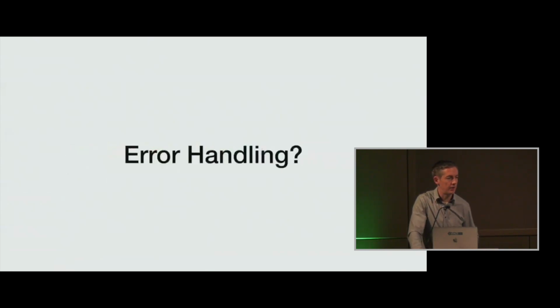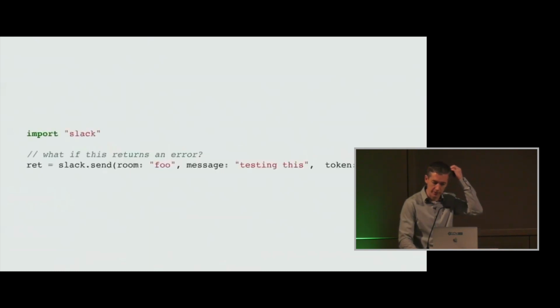Okay, how do we do error handling? This is really an open question because with the package management stuff, we've at least started, some of the syntax is there, the standard library is already being built out. With error handling, it's really open. So for example, say we're going to send a message to Slack.